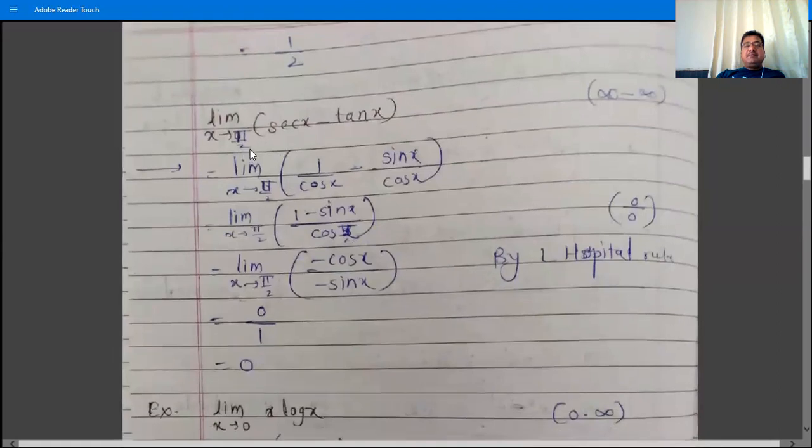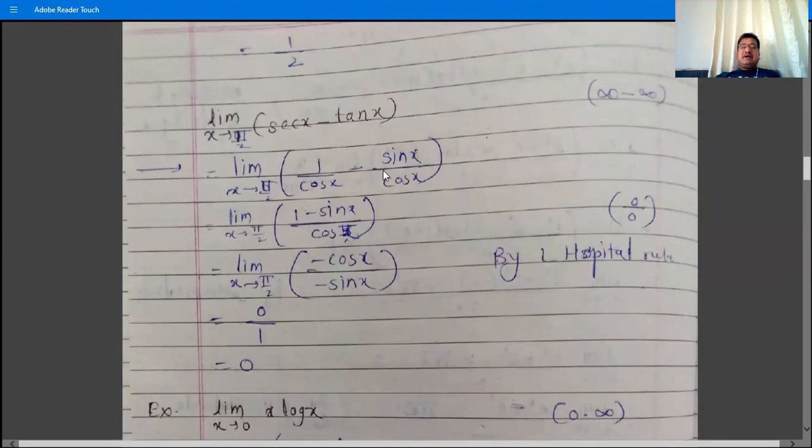So next problem: limit x tends to pi by 2, sec x minus tan x. Sec pi by 2 is infinity, tan pi by 2 is infinity. So we have the infinity minus infinity form. So we have to reduce this infinity minus infinity form to either 0 by 0 or infinity by infinity. Sec x is 1 by cos x and tan x is sin x by cos x.